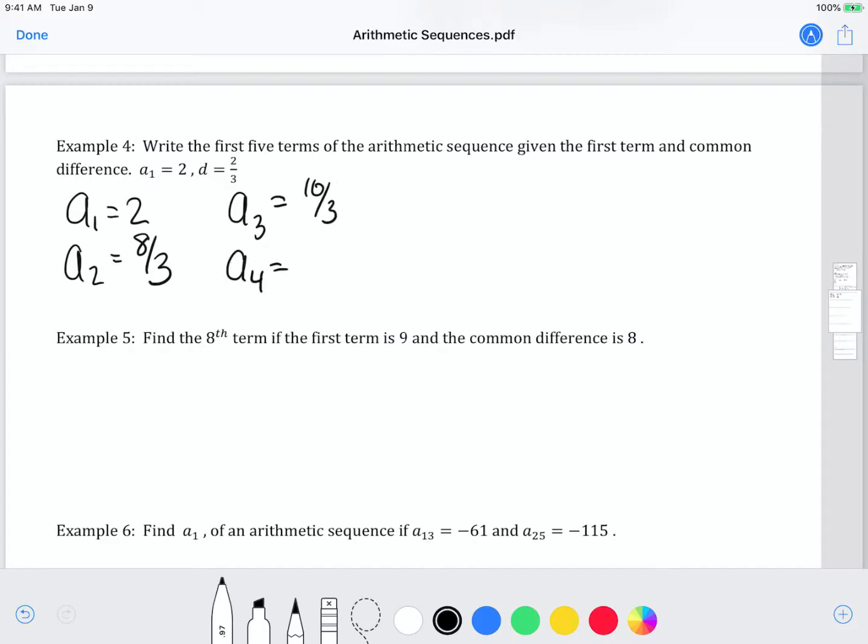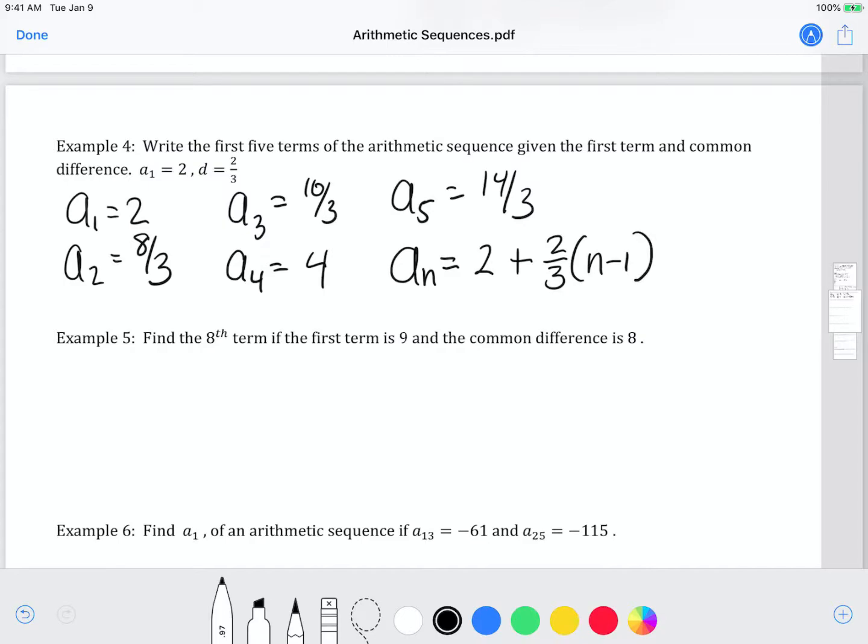When I take 10/3 and add 2/3, because that's my common difference, I get 4. And the last term, if I take 4 and add 2/3, gives me 14/3. Now, to write my nth term, it's the first term, which is 2, plus my common difference times n minus 1 in parentheses.